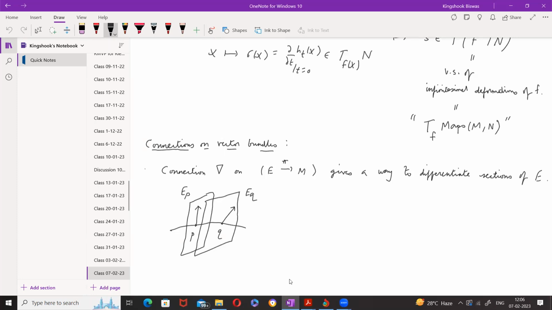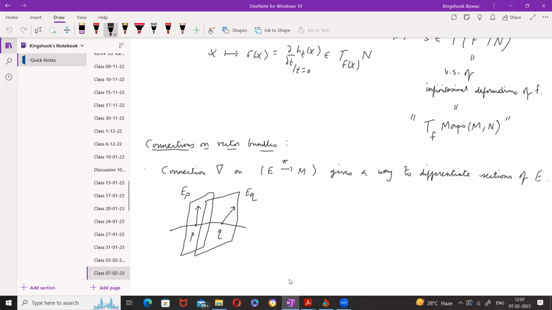The problem is that the section takes values in different vector spaces at different points, so I cannot subtract the values of S at Q and S at P. We need some way of identifying these nearby fibers of the vector bundle.